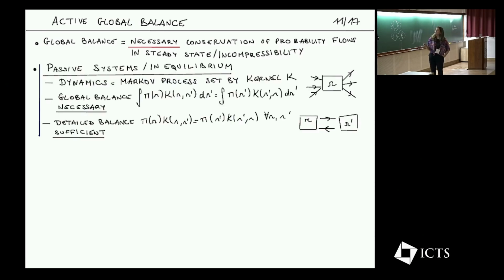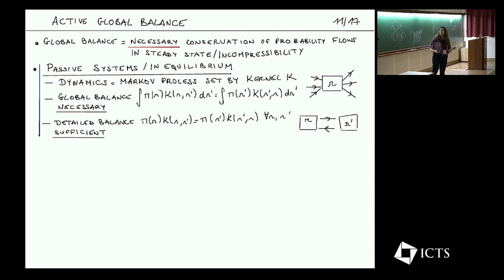And so here, if you have a passive system, the global balance equation tells you that all the probability flows that flow into some configuration are balanced by the ones that go out. And then you can have a stronger condition, which is the detailed balance, between any two pairs of configurations. Do we have the same thing for non-equilibrium systems?